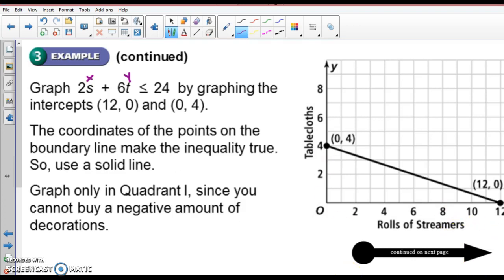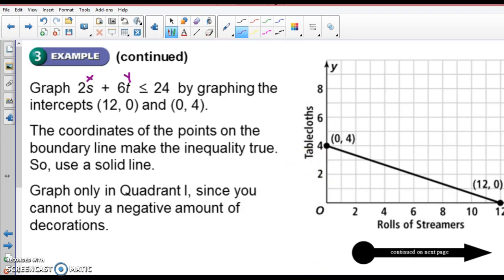Now, I have something very important to point out. I'm going to plot those 2 points, and I'm going to draw a solid line. Why is it solid? Because it has equal to. Why does it not have arrows? You can't have negative streamers or tablecloths, either one.